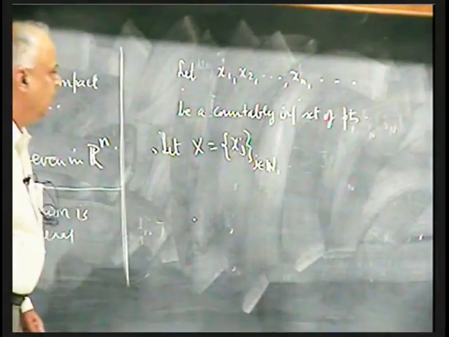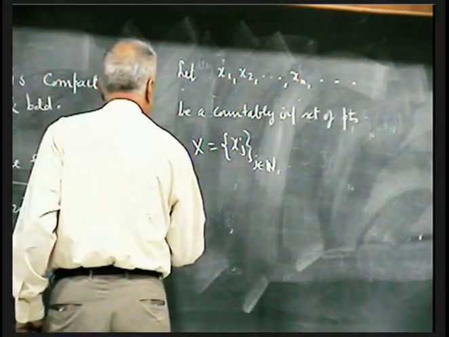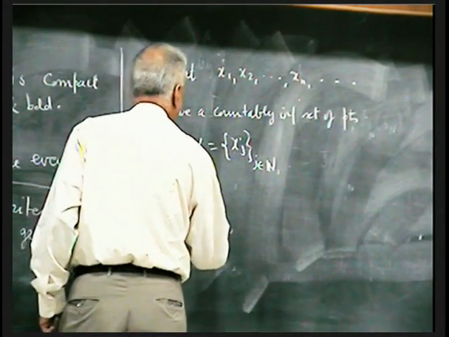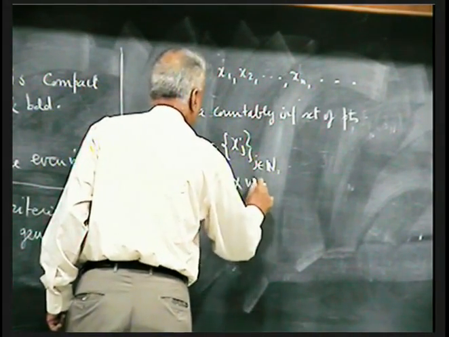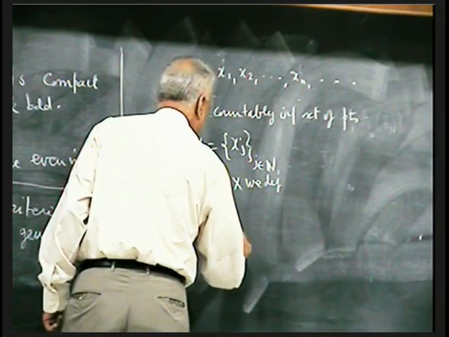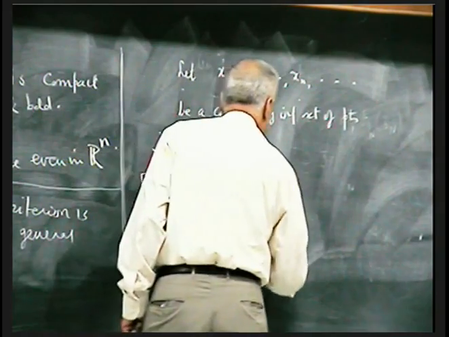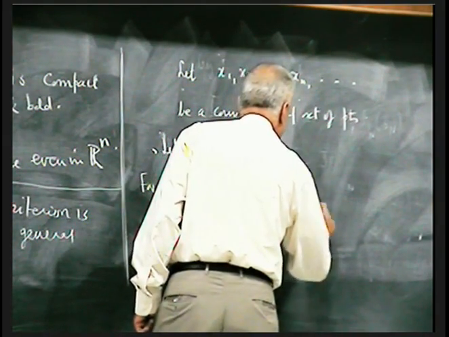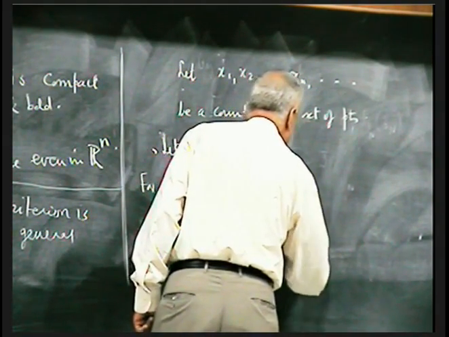Now for xi, xj in X, we define the distance between xi and xj to be 1 if i is not equal to j, and 0 if i equals j.